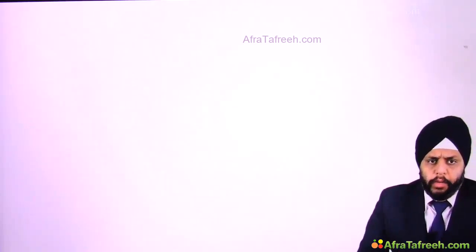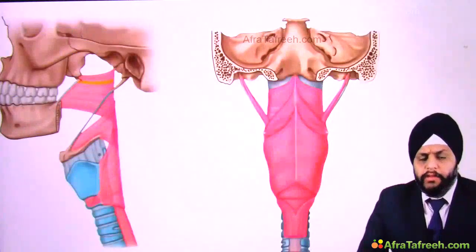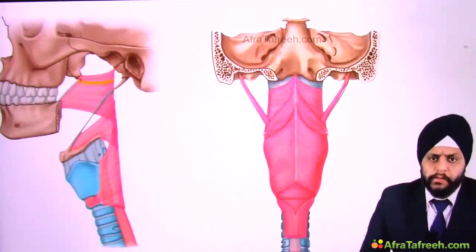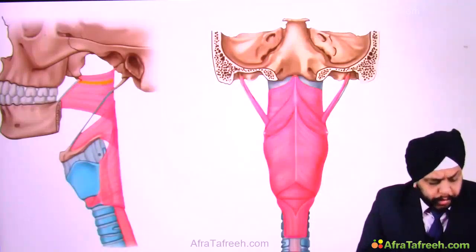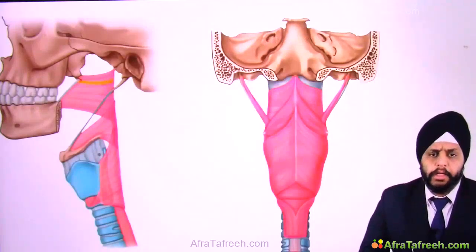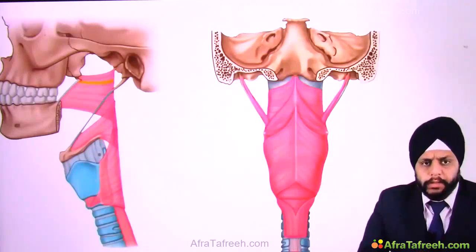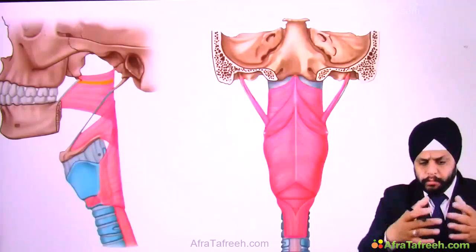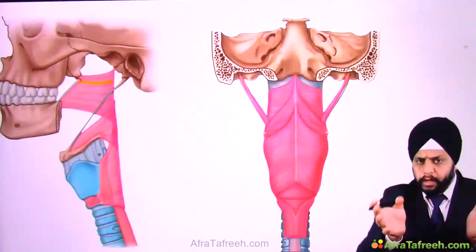Let us look over here in this pharyngeal wall. So remember this diagram we discussed when we discussed the wall of the pharynx, the pharyngeal wall. And we know that the pharyngeal wall is formed by three constrictor muscles. Which three constrictor muscles? Superior constrictor, middle constrictor, inferior constrictor.